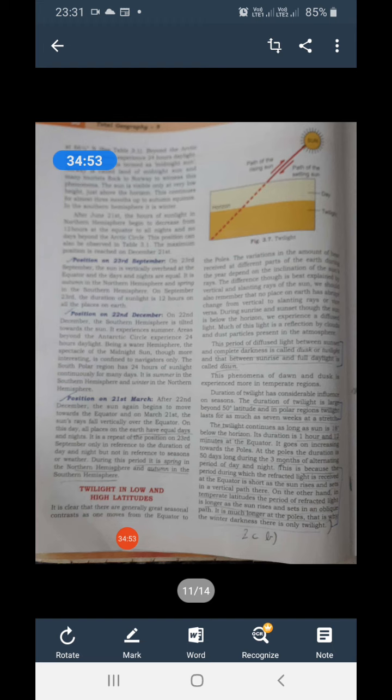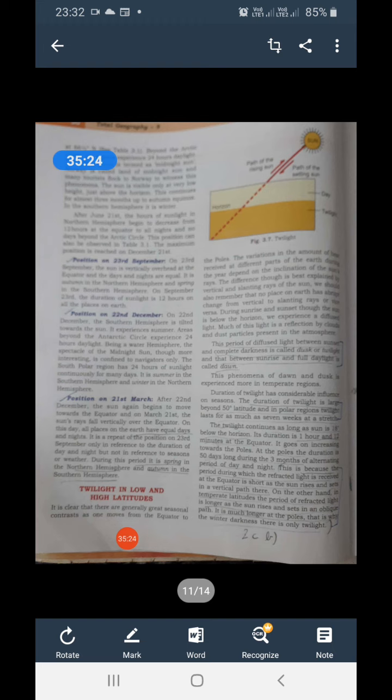So, because the earth is tilted, the places which are facing the sun are lower in angle as it is sinking, but still, because the earth is inclined, those places can see the sun for a longer period of time. So the duration of twilight is greater as one moves away from the equator.